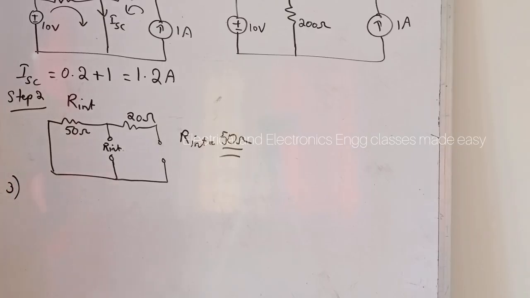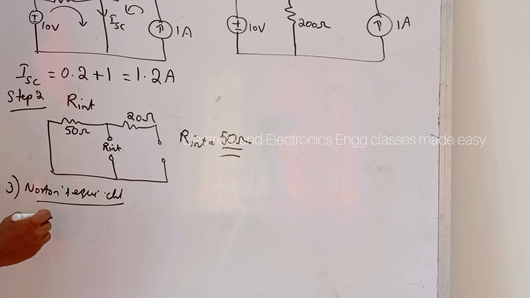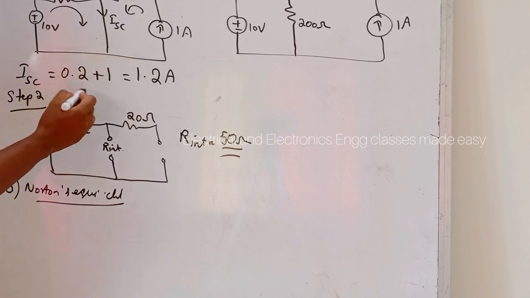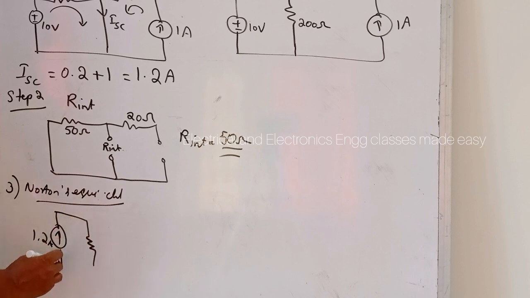Then in the third step, we have to draw the equivalent Norton's circuit. So Norton's equivalent circuit. Here ISC is 1.2 ampere in parallel with R internal, that is 50 ohm.